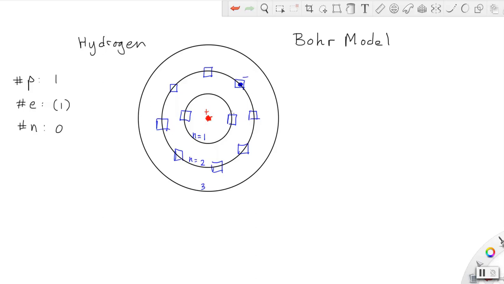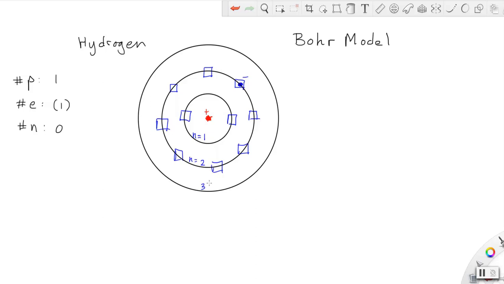And what happens is that when this electron is brought from this level to this level, it takes energy to lift it from the bottom shelf up to the next shelf.